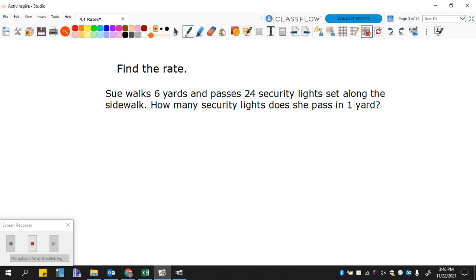It says Sue walks 6 yards and passes 24 security lights set along the sidewalk. How many security lights does she pass in 1 yard? So the yards need to be on the bottom, and we know we're going to have 1 yard. We want to find out how many lights. So when we write that ratio, it's 24 lights in 6 yards.